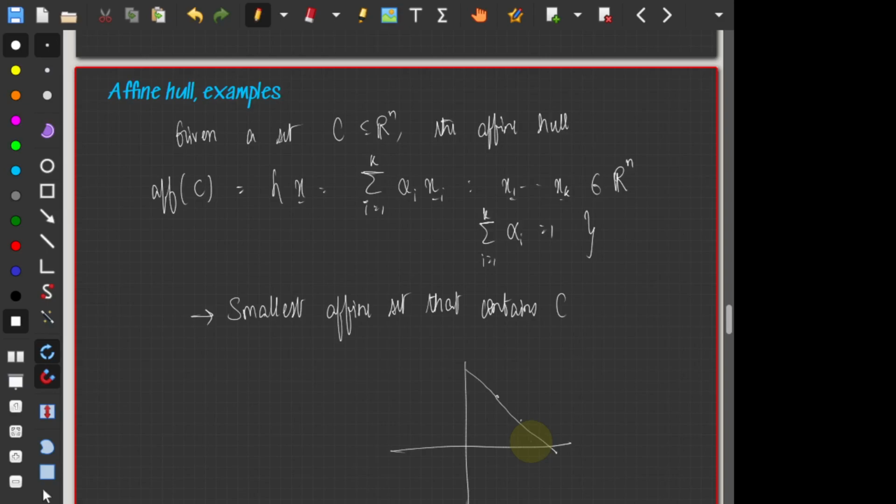Yeah, so let's just take R2. Okay, we're focusing on R2. So if the third point lies along the line joining these 2 points, it's the same thing, nothing changes. If I pick a third point which is not in the line joining these 2 points, it contains all affine combinations.